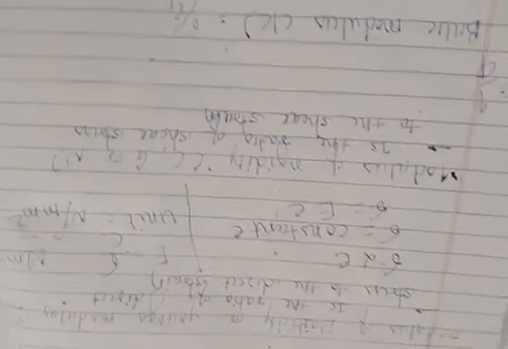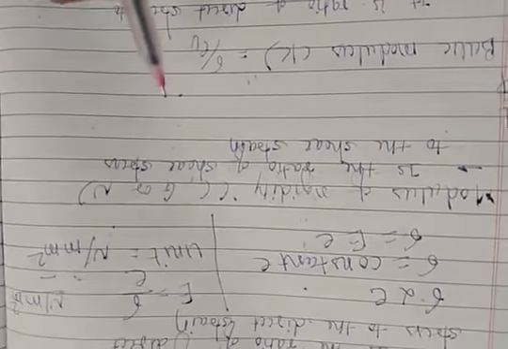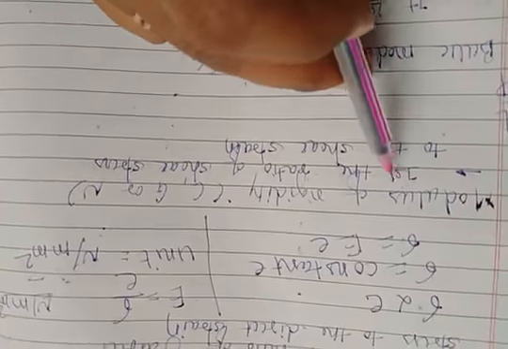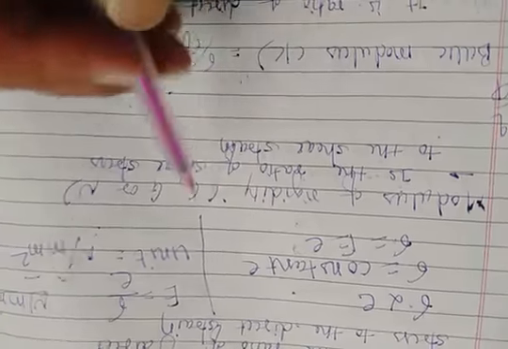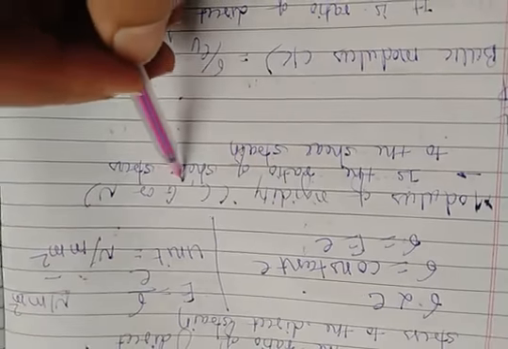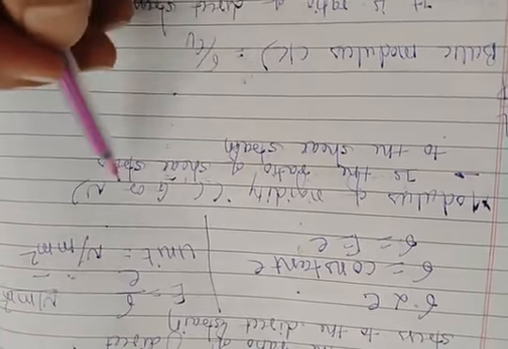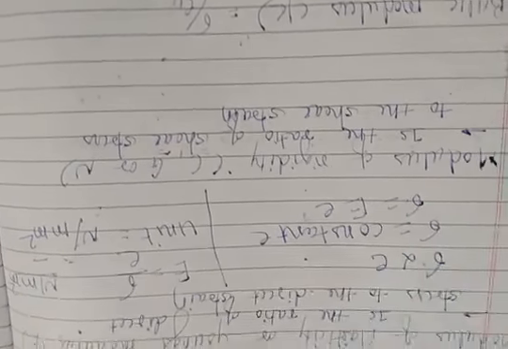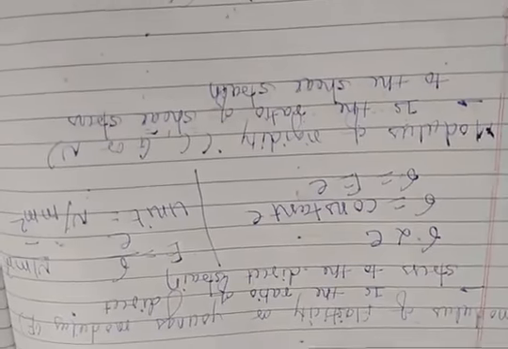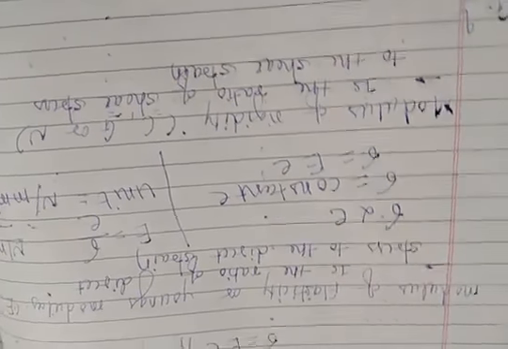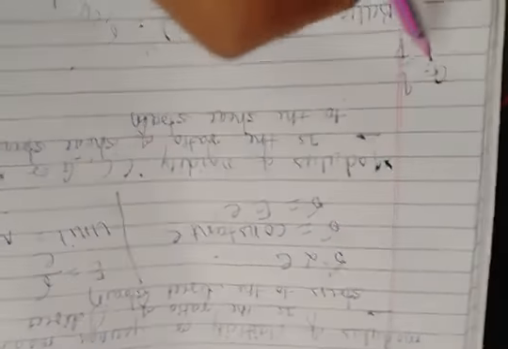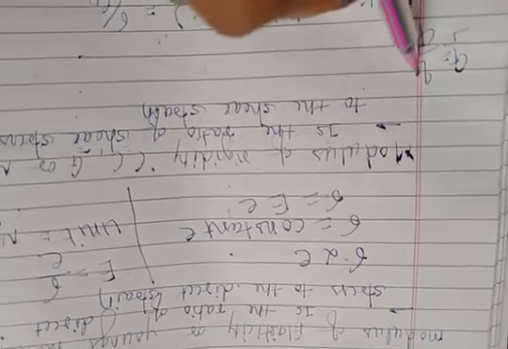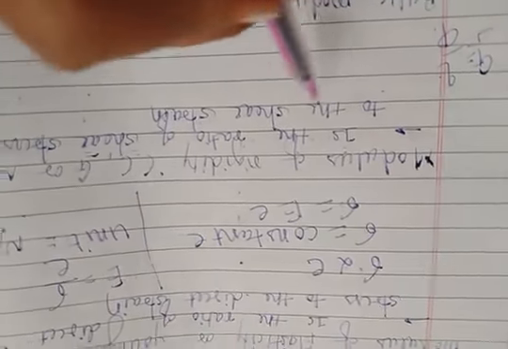Another elastic constant is modulus of rigidity. It is generally denoted by capital G, or capital C, or capital N. Modulus of rigidity is the ratio of shear stress to the shear strain, G equals shear stress upon shear strain.